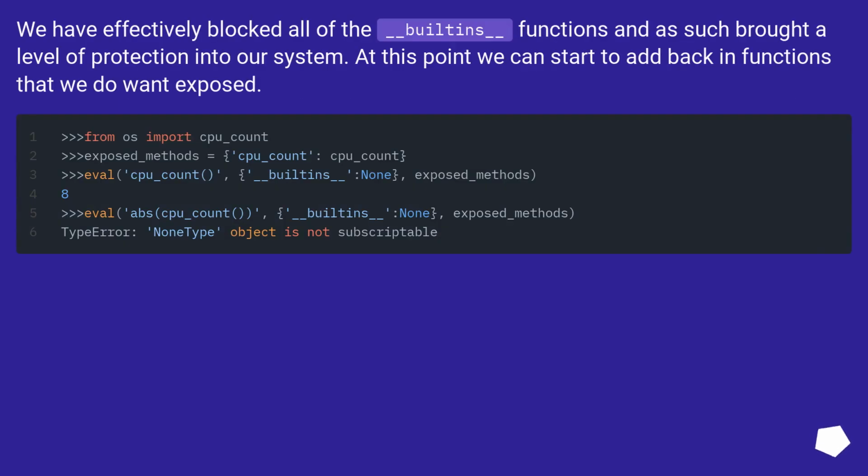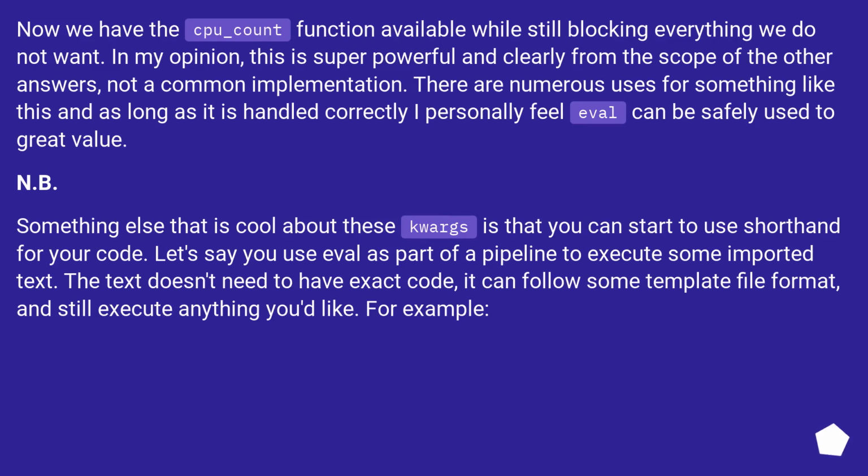We have effectively blocked all of the __builtins__ functions and as such brought a level of protection into our system. At this point we can start to add back in functions that we do want exposed. Now we have the cpu_count function available while still blocking everything we do not want.